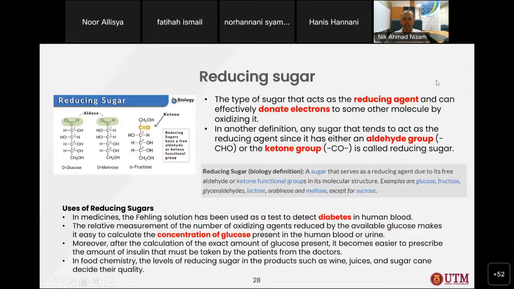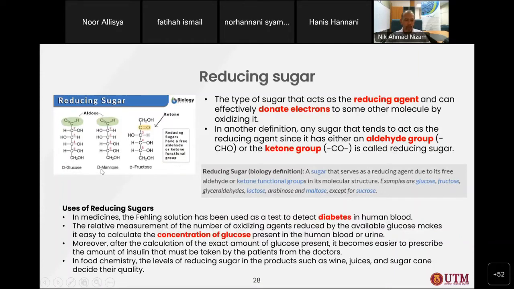There is actually a term we call reducing sugar. It is a type of sugar that acts as a reducing agent and effectively donates electrons to some other molecule by oxidizing it. If you see here, D-glucose is an aldose. It contains an aldehyde.